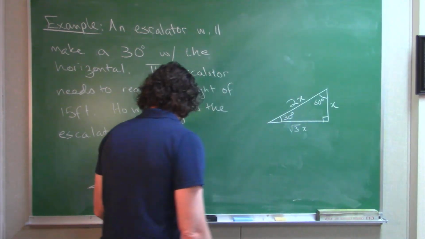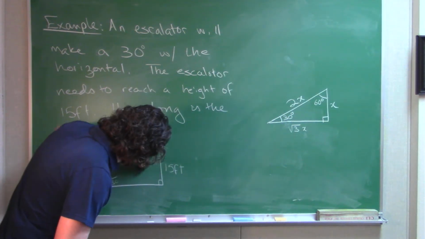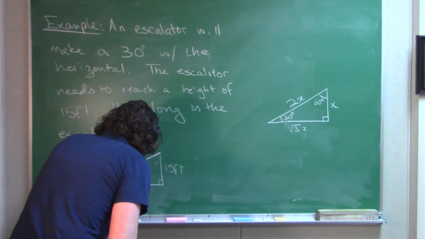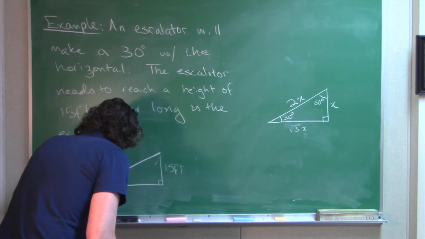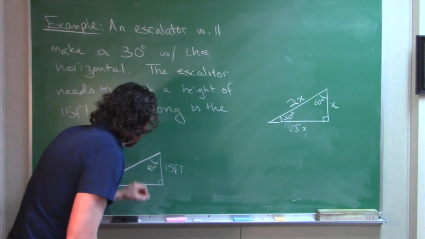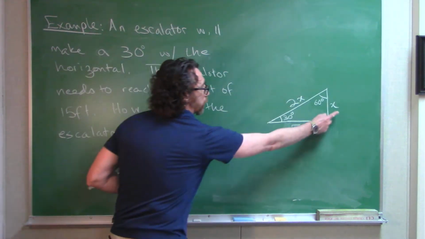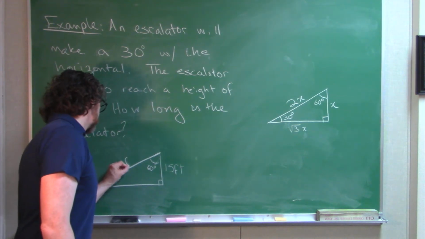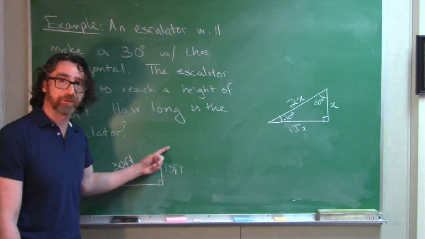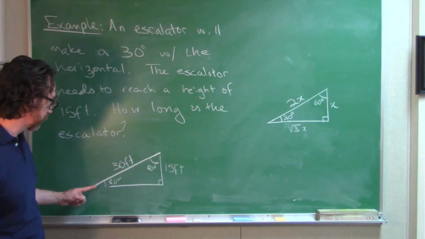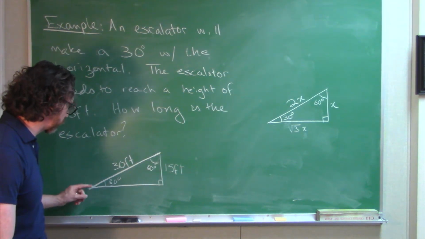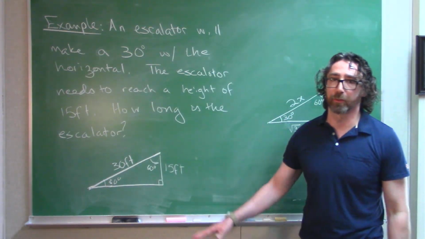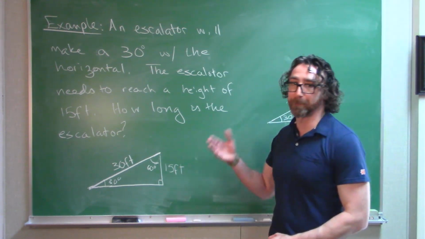So, gosh, my escalator is a little curved there. I'll feel better if I draw it nice and straight. Okay, so if this is a 15, I've got to take that length and double it. Okay, so if the escalator has to reach a height of 15 feet and it's making an angle of 30 degrees with the horizontal, then the escalator itself has got to be 30 feet long. So a nice use of a special triangle.